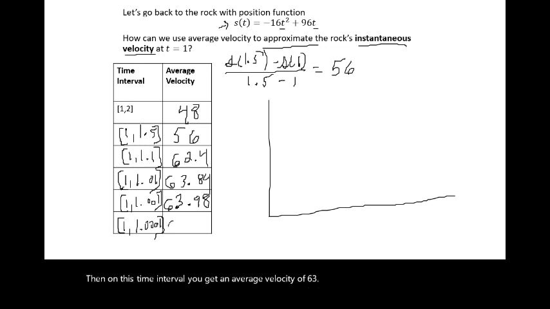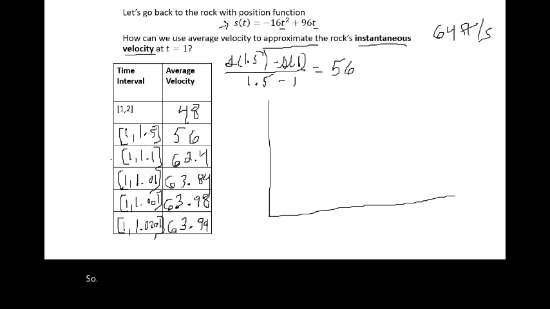And then on this last time interval, you get an average velocity of 63.99 feet per second. So I think it's probably safe to say that the instantaneous velocity of the rock at t equals 1 is probably 64 feet per second.